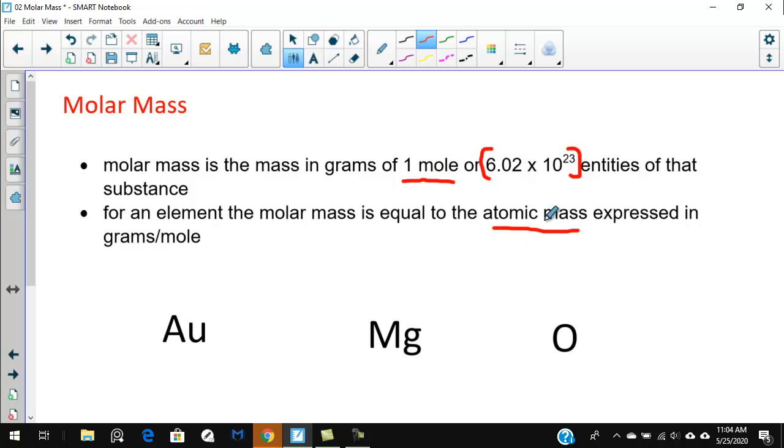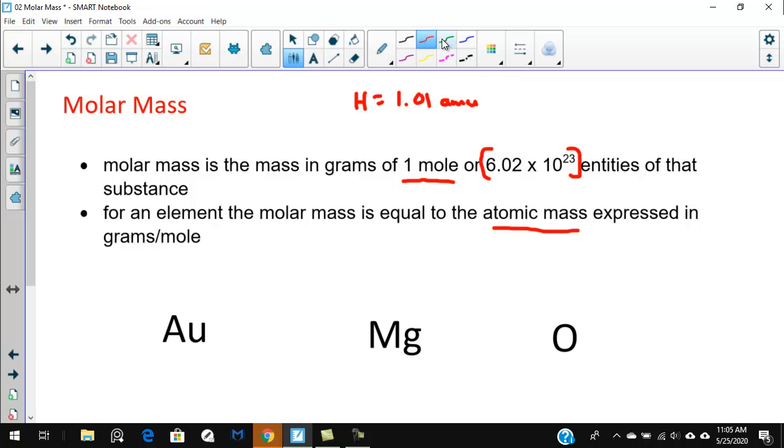The atomic mass tells you how much one atom weighs. So for instance, if we had an atom of hydrogen, it would have a mass of 1.01 atomic mass units. And atomic mass units are just tiny little units that we use to measure the mass of an atom.